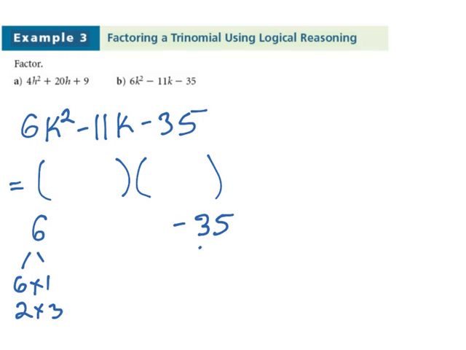So negative 35 times 1, 35 times negative 1, negative 5 times 7, and one more, negative 7 times 5 will give us the same result. And then we again ask what combination of these factors will give us negative 11. So we're looking for negative 11.